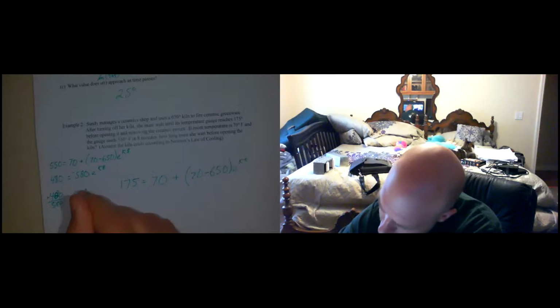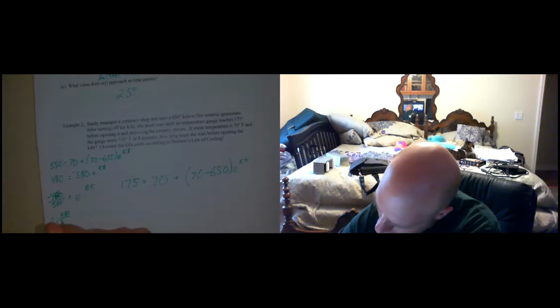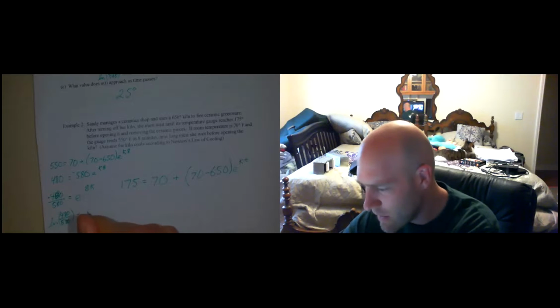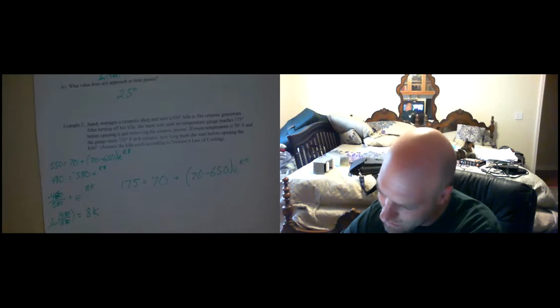Equals e to the 8k, and the natural log of this thing, which we could have reduced, but the calculator will take care of us anyway, equals that 8k. Let's divide by 8, and I get that k equals the natural log of 480 over 580, all over 8.